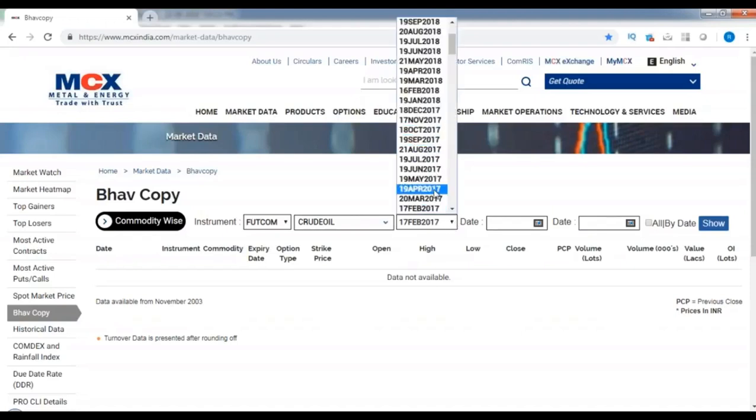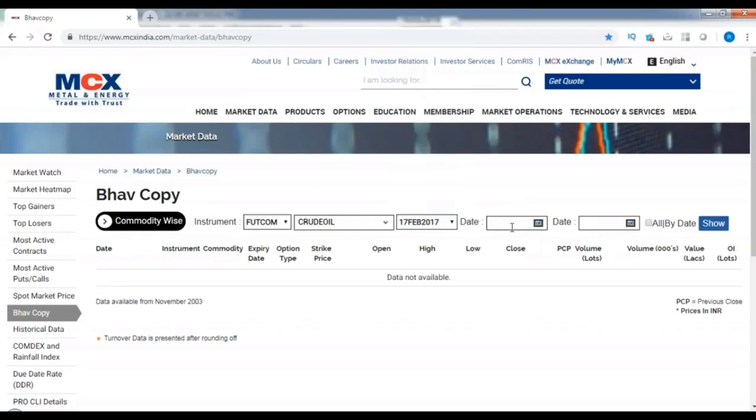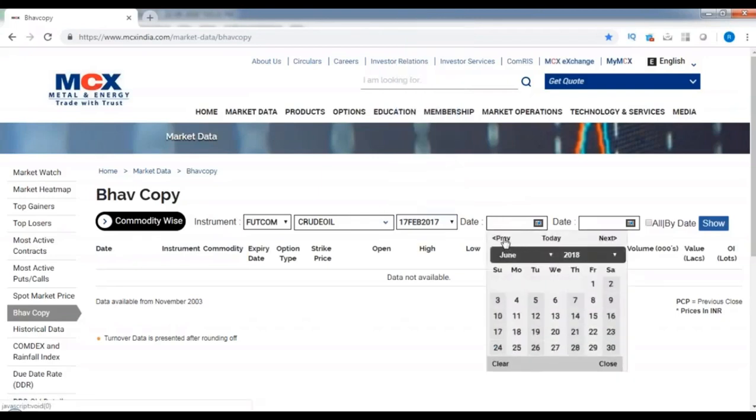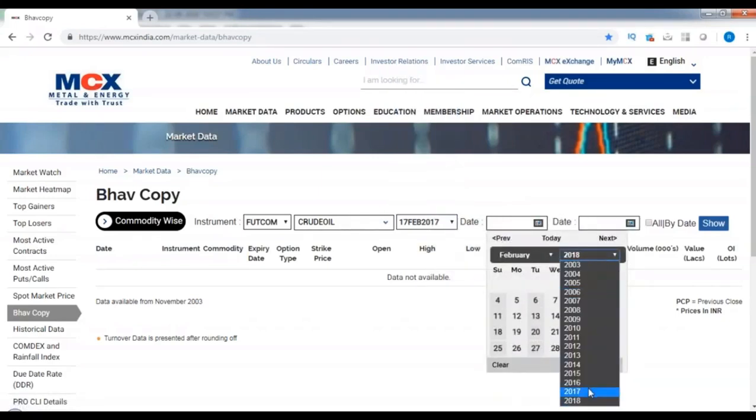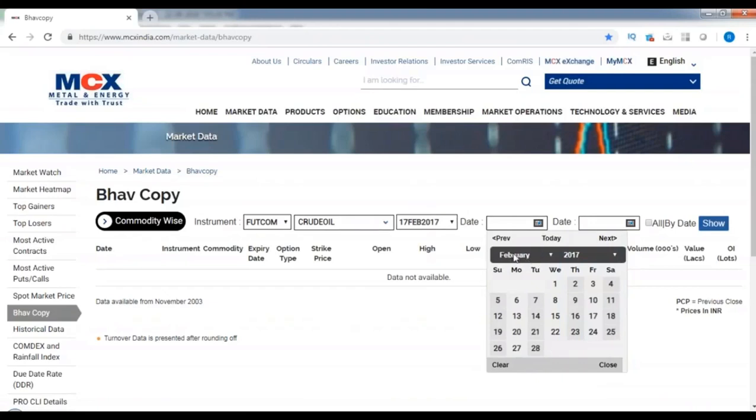When we take February 2017 data, the last contract expired on 19th of January 2017, right?